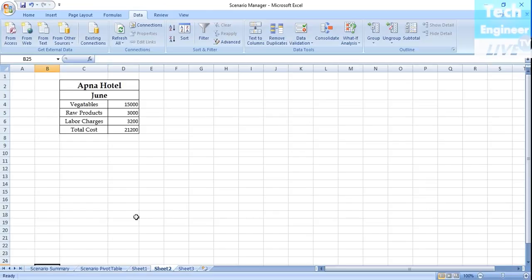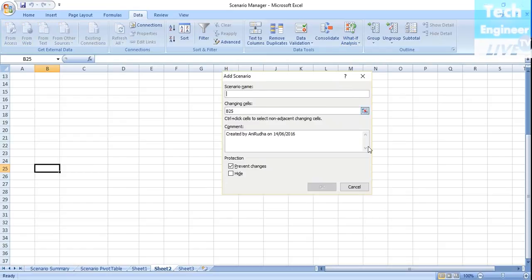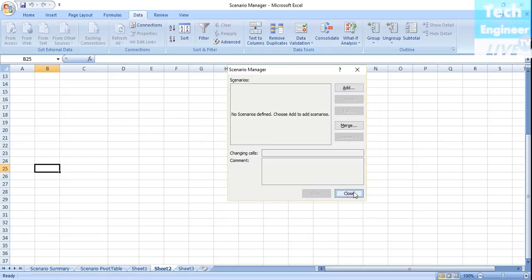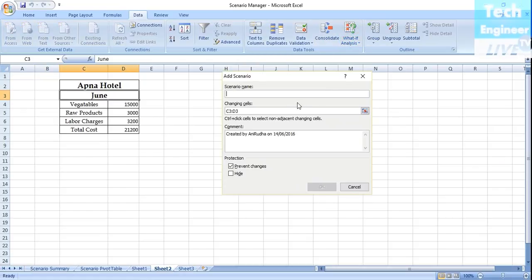Again, there will be What-If Analysis here as well. I have to add the scenario for sheet 2: What-If Analysis, Scenario, and the scenario will be June month. I have to select these three values.